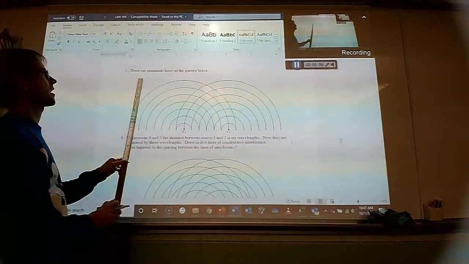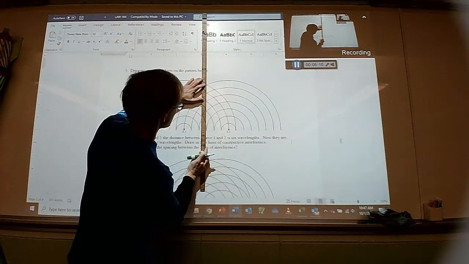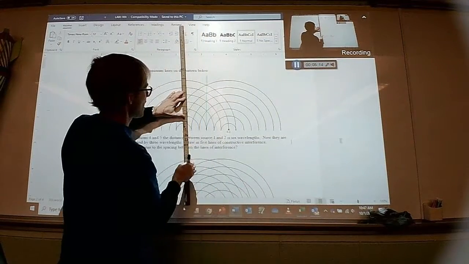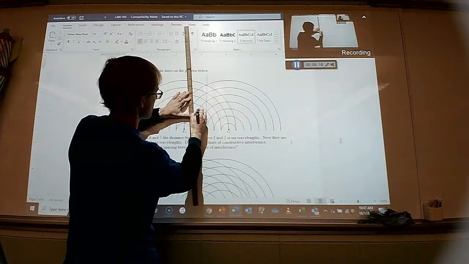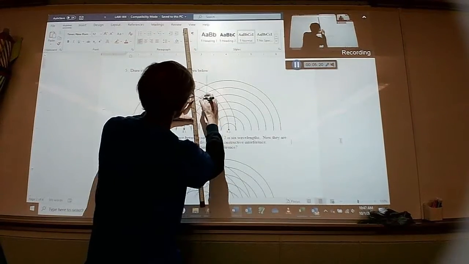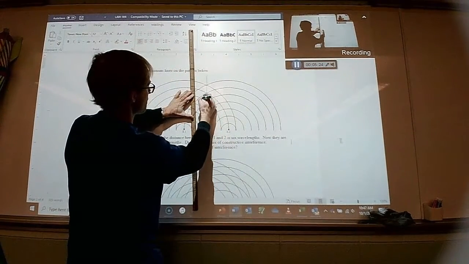So here's how I would begin number 5. I would start by drawing in one maximum line here, and another maximum line. Again, all I'm doing is lining up the spots where I have the constructive interference.